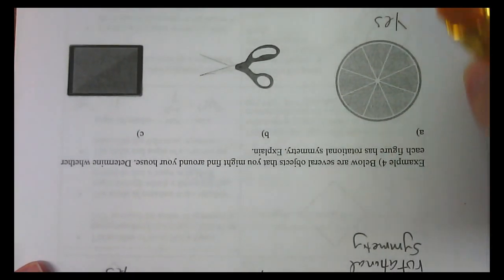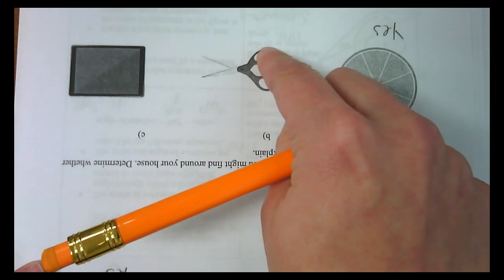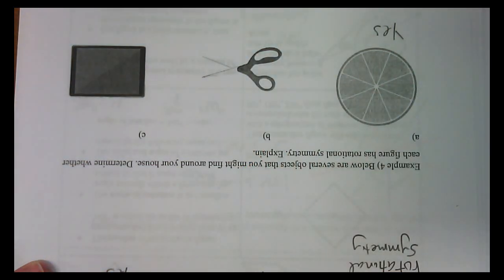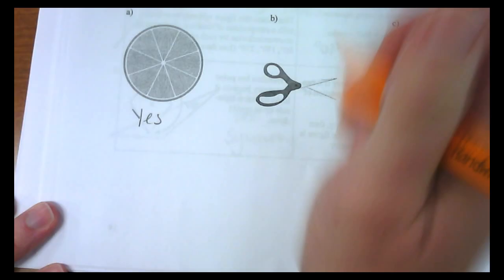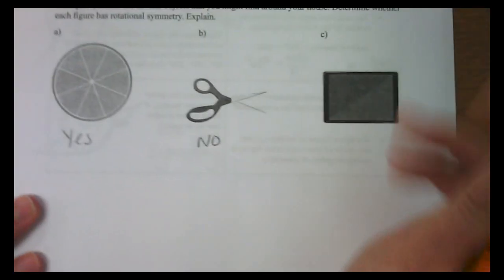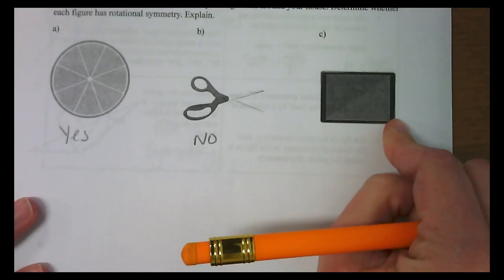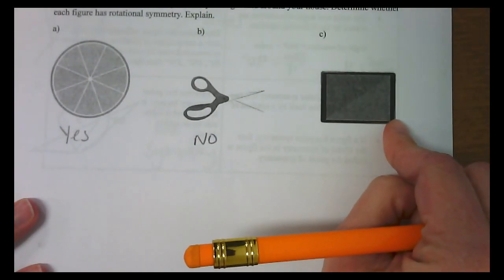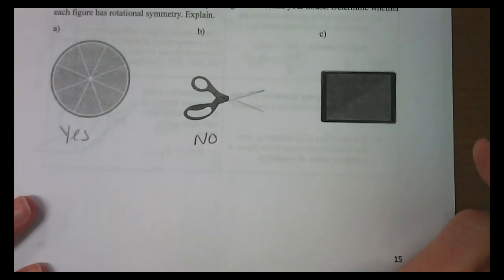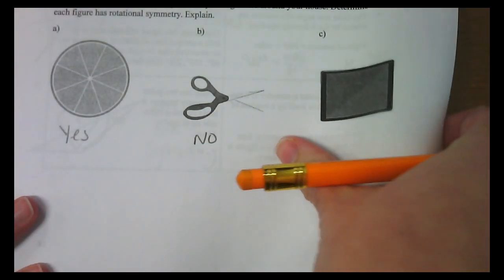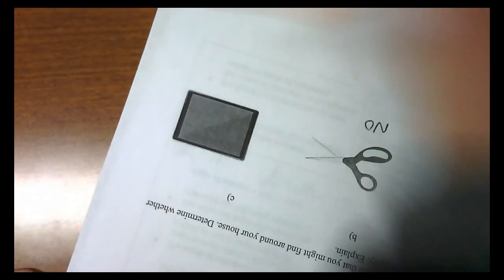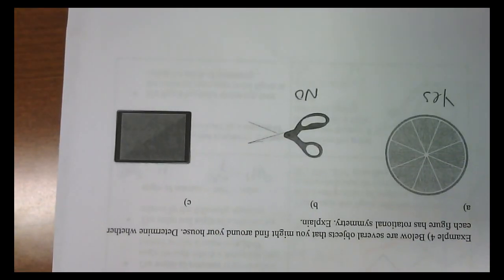It looks kind of similar, but this is bigger than this one, so they're not going to be exactly the same. So this is a no. And then this is a rectangular shape, not exactly sure what it's supposed to be, some kind of screen. But if I turn this 180 degrees, if I turn it upside down, it looks the same. So this one is a yes.